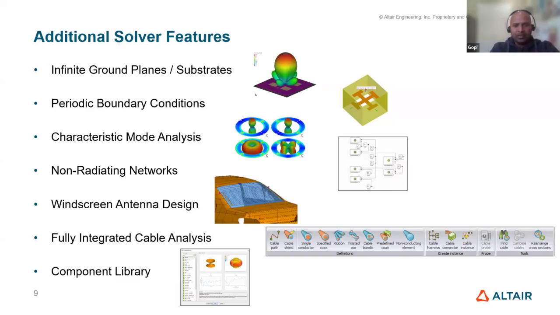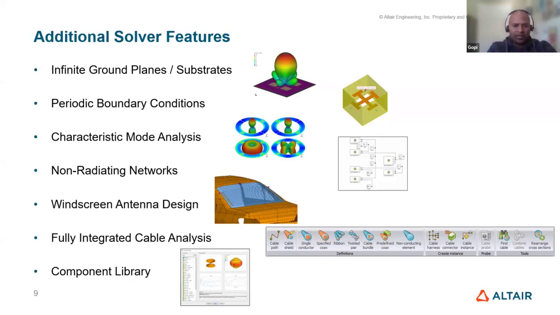Okay. And if you want to add some external circuits like some matching circuits or some complex feed networks along with your antenna or antenna arrays, then if you just have the network parameters like S parameters, Z parameters, or Y parameters, you can use the non-radiating networks feature in Feko.